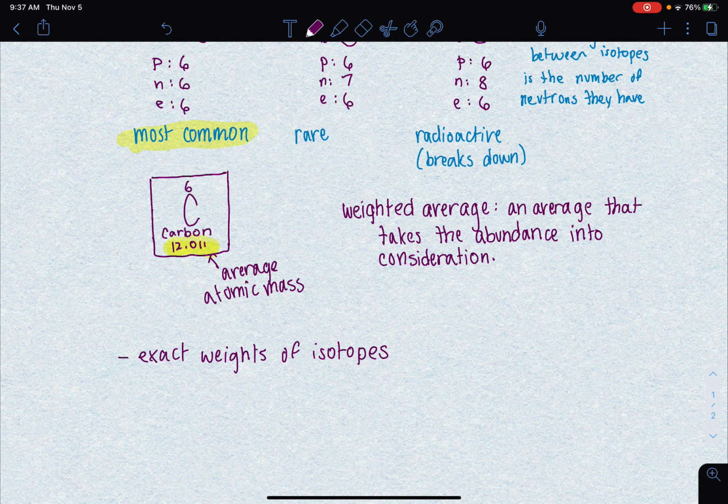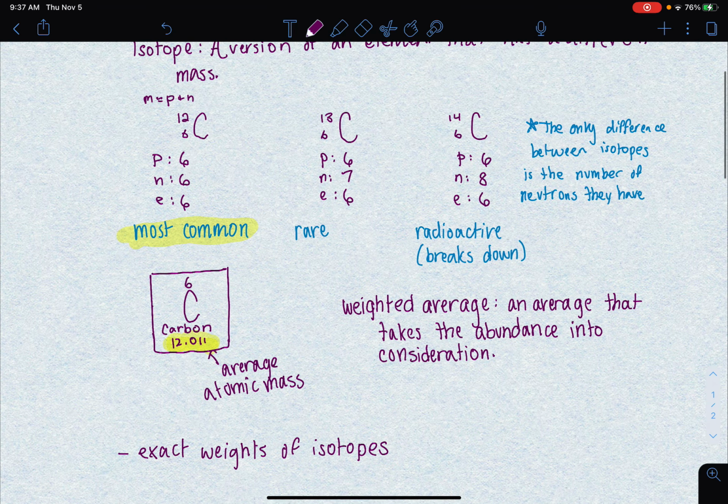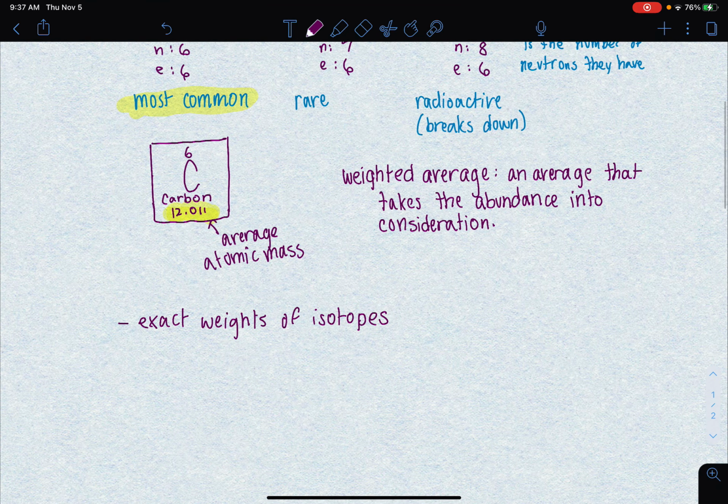In a pinch, if it's not given to you, you can use the mass number. So you can use 12 for carbon 12, 13 for carbon 13, and 14 for carbon 14. But it's not going to give you as accurate of a result because those are not exact weights. Those are kind of like the rounded weights. So if you have the exact weights of the isotopes, that's better.